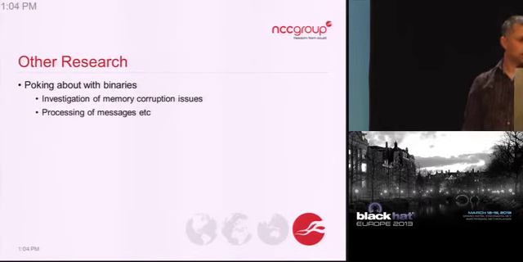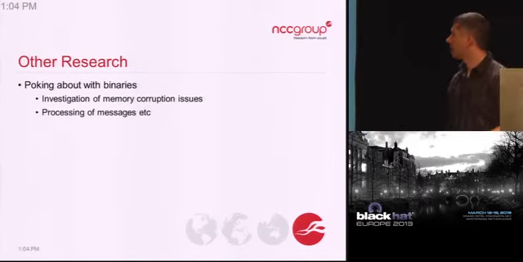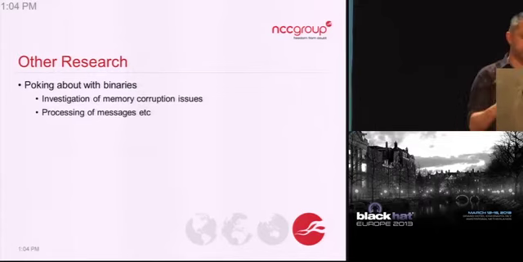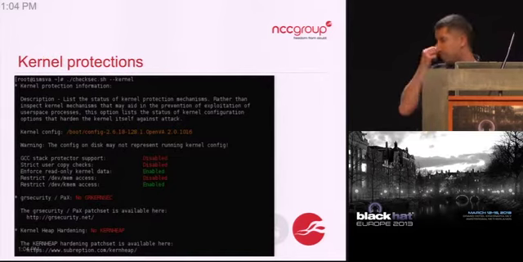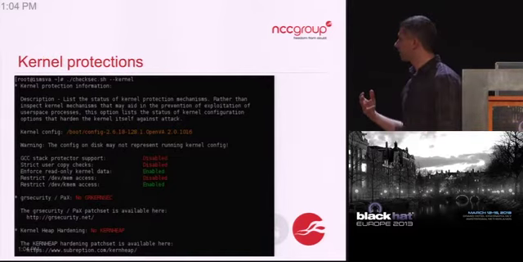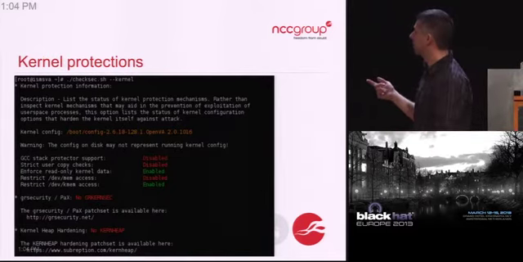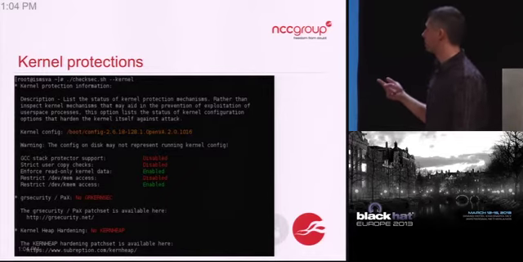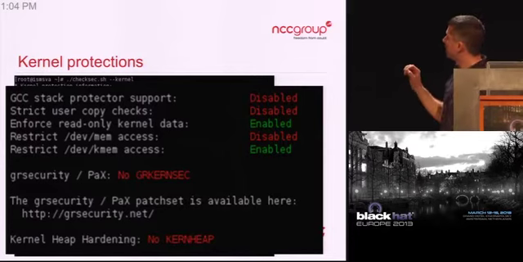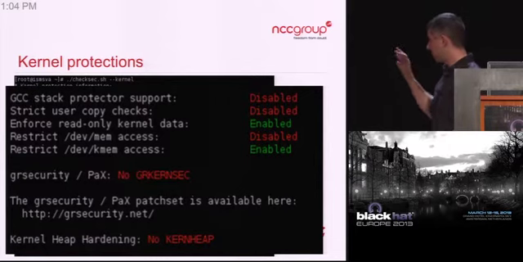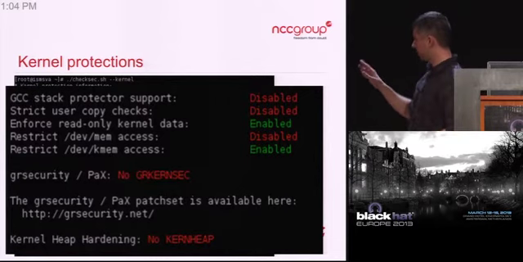More recently, I've been doing some other research, poking about in some of the appliances a little bit deeper, looking at protections for memory corruption. Here again, looking at the Trend appliance, a little bit difficult to see on that screen, so I've got a zoom in there. Looking at the kernel protections, you can see that some of the useful things that could mitigate memory corruption issues are disabled.